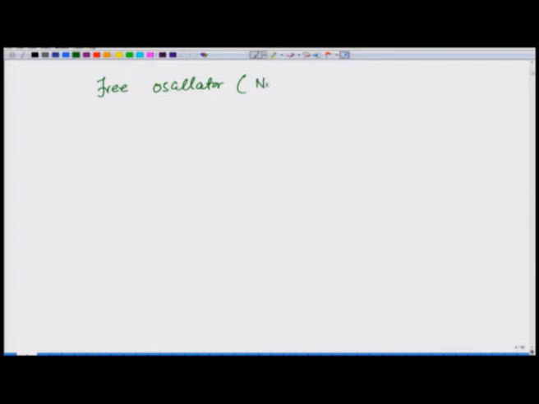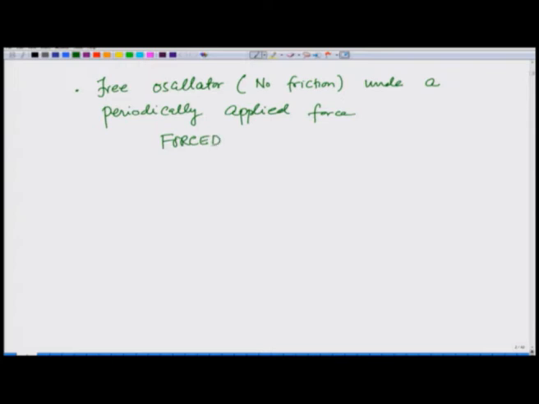So, in this lecture, we are going to look at free oscillator, that means no friction, under a periodically applied force, what I will call a forced oscillator, and I am also going to look at an oscillator that experiences frictional force.